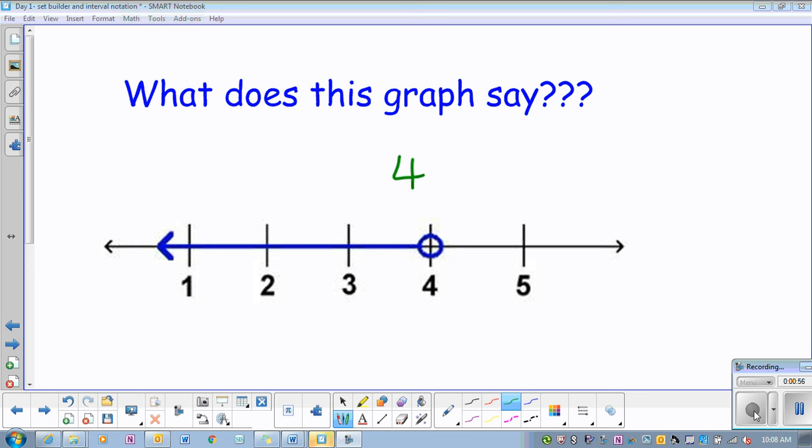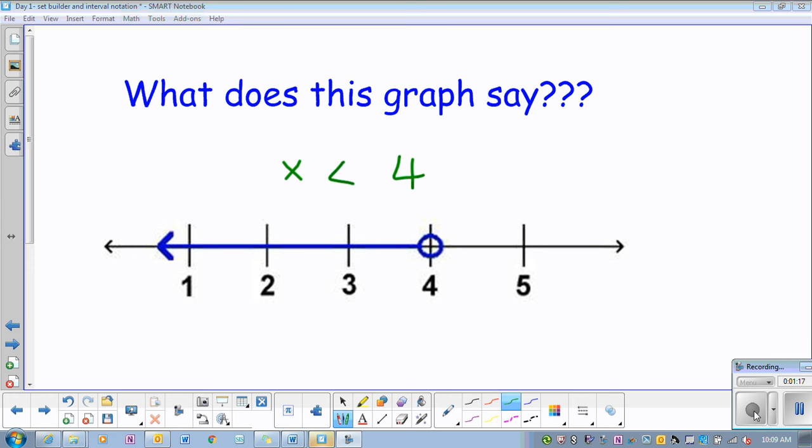So what we're really saying is any number, say x, x is less than 4. We'll leave it as x is less than 4 because that was an open circle.